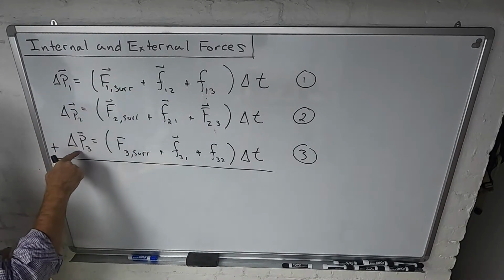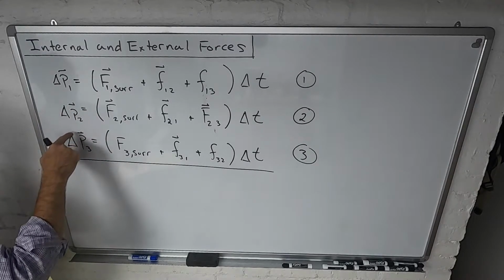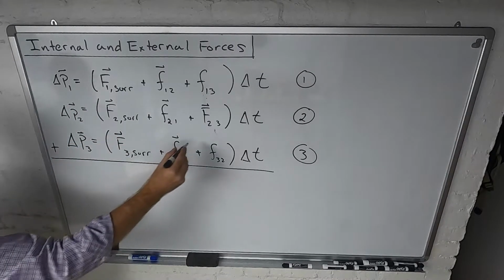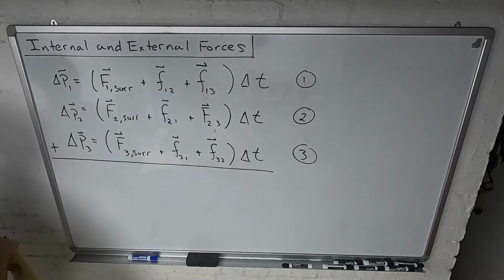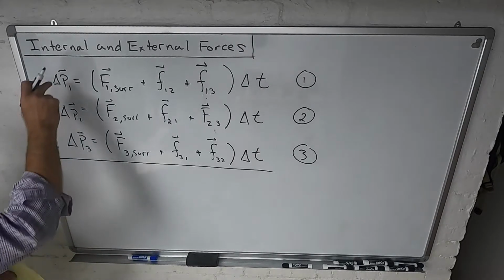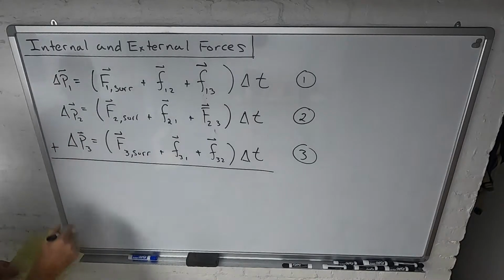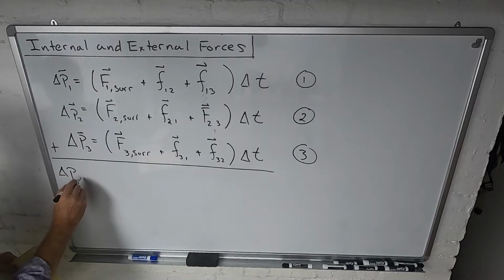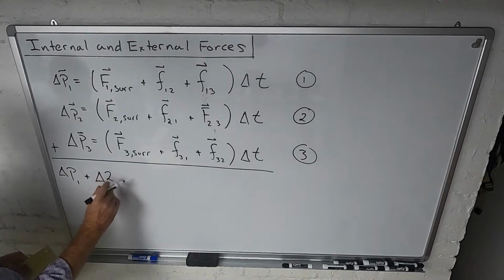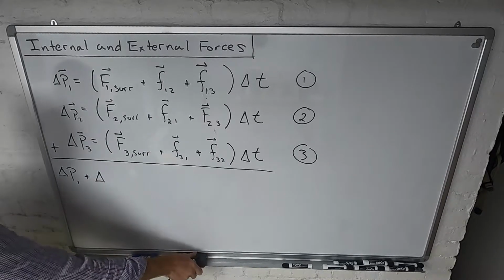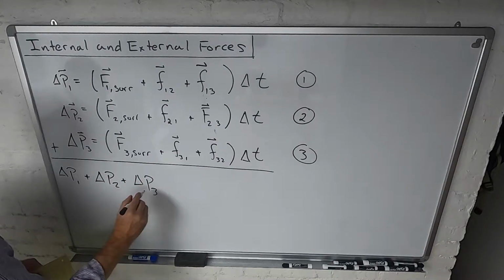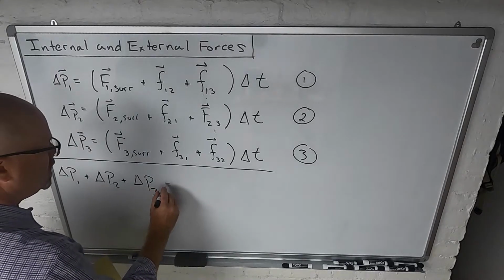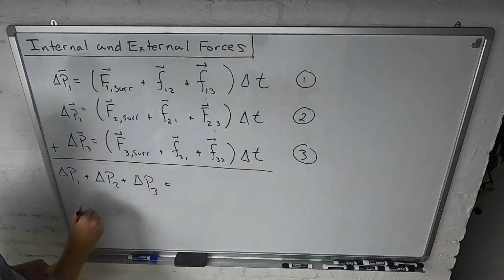Okay, now I'm going to work as a big column sum here. Delta P1 plus delta P2 plus delta P3. Make sure I have all my vectors on. Okay, so everybody's a vector except for delta. Now let's add all these up: 1, 2, 3. That gives me delta P1 plus delta P2 plus delta P3 equals, bring down my equal sign.